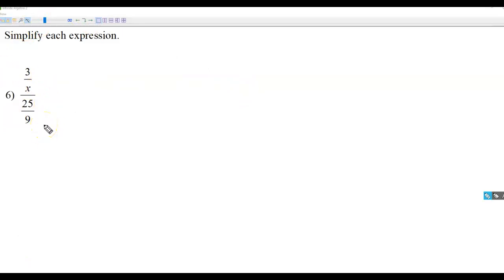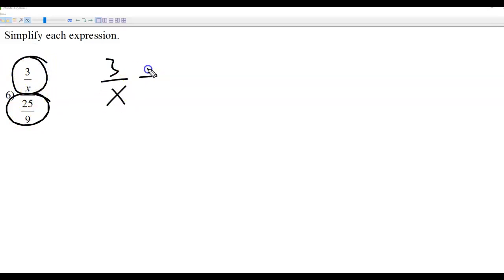These are what are called complex fractions. Complex fractions are basically just another way of writing a division problem because you have the top being divided by the bottom. So the first thing you want to do with these is just change it into a division problem.